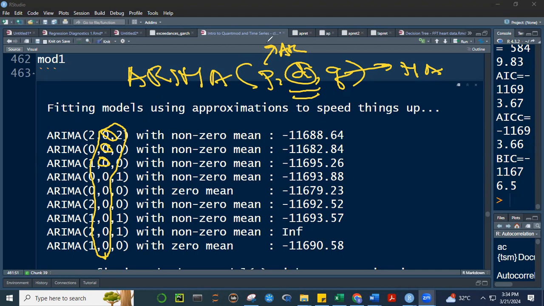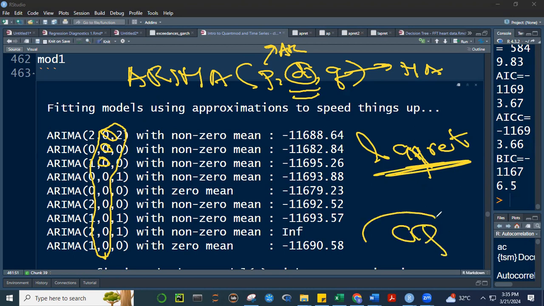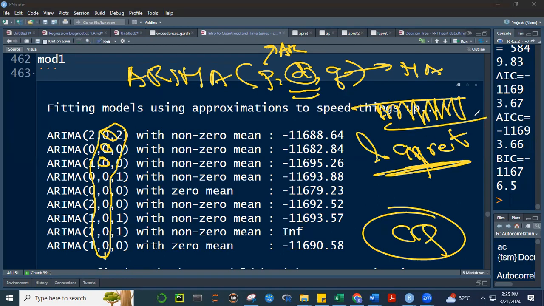Now take note, what are we modeling? We are modeling log AP returns. We're not modeling AP; we are modeling the log of the apple returns. We plotted this and we know that this is already stationary, right? Constant mean and constant variance.